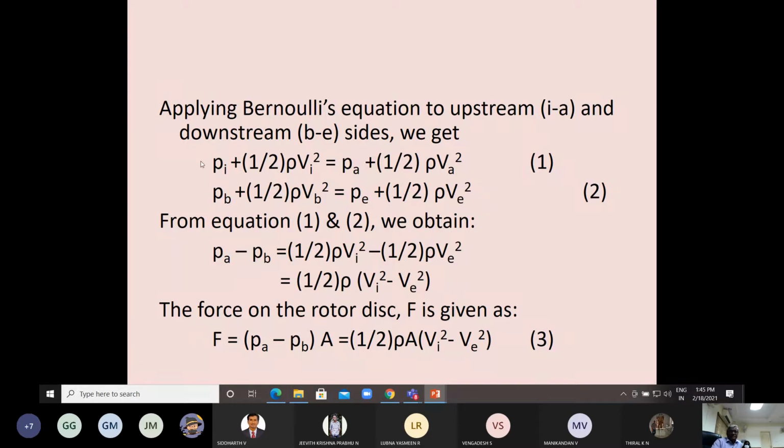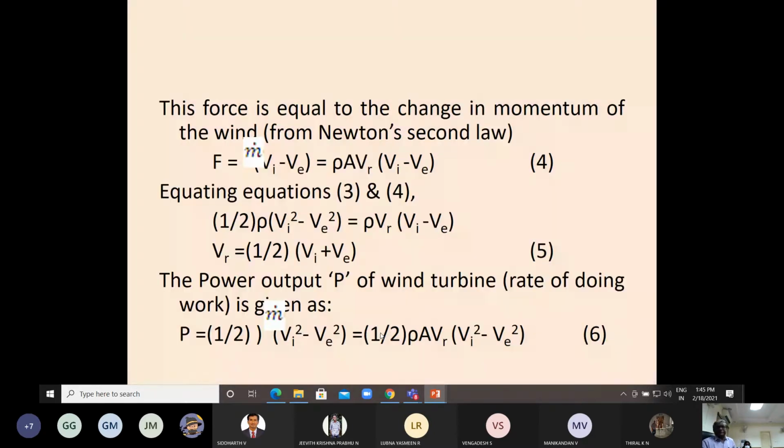We obtain P suffix A minus P suffix B, and that is equal to half rho (Vi squared minus Ve squared). And the force on the rotor disc, we know F, that is force, is (P suffix A minus P suffix B) into A, that is half rho A (Vi squared minus Ve squared), and we are also applying Newton's second law.